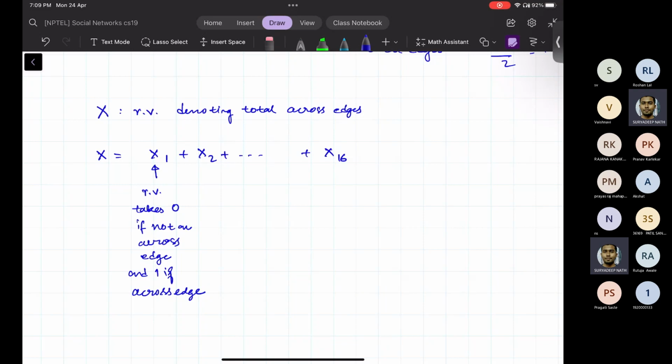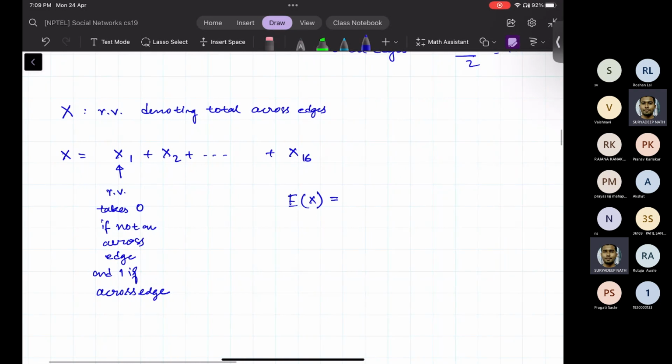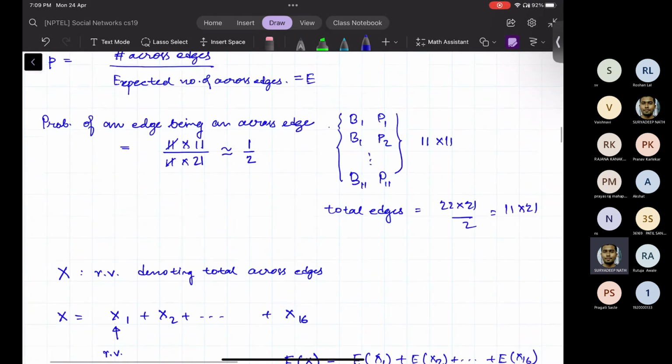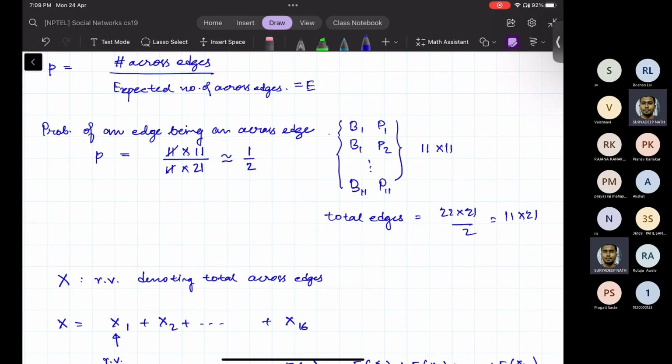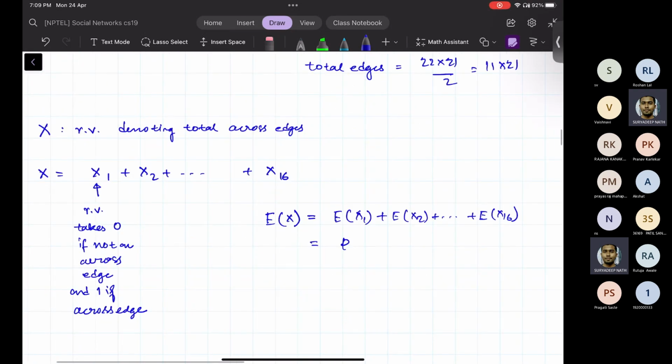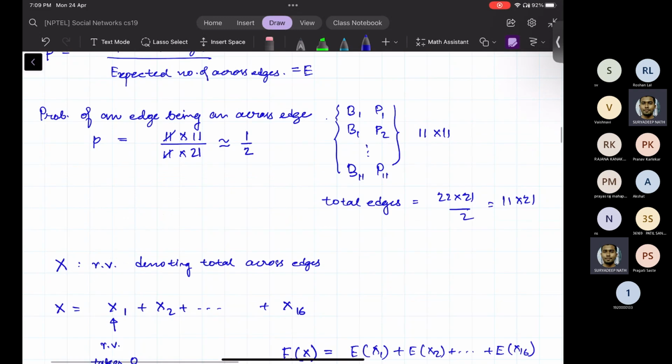Now, if we take the expectation of X, that is the expected number of total across edges, it would be E of x1 plus E of x2 plus up to E of x16. And expectation of an indicator random variable is basically its probability. So we call this the probability of an edge being an across edge, that is half. So you add p, 16 times. That is half into 16, that is 8. So the expected number of edges across is 8.